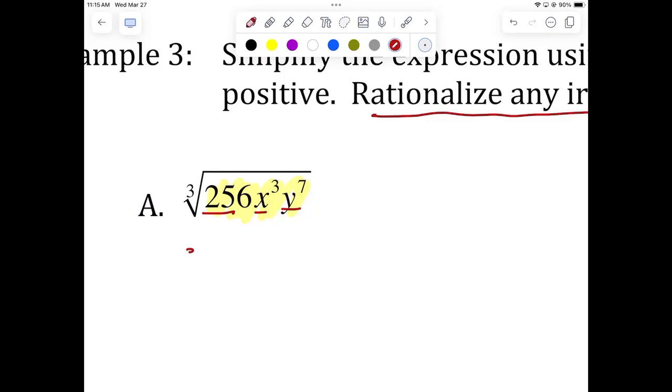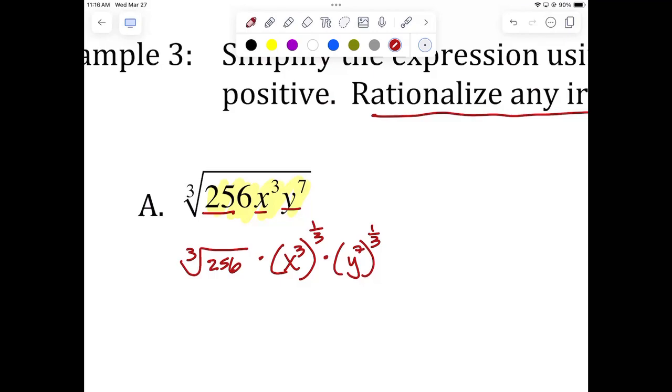So this becomes the cube root of 256 times x cubed to the 1/3 power times y to the 7th to the 1/3 power. Each of the 3 factors gets the radical. The number keeps the cube root. The other 2 get raised to the 1/3 power.